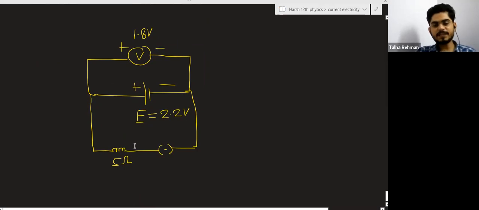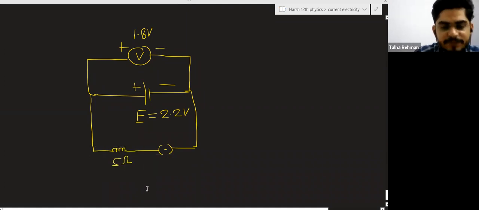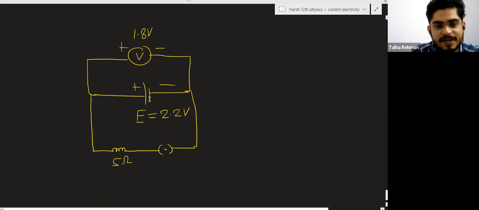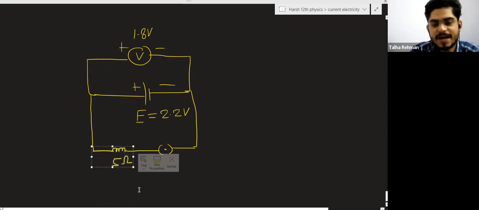And now this 1.8 volt is telling the potential difference across this 5 ohm resistance. Why is this telling the potential difference across the 5 ohm resistance? Because you have a cell, and you have connected it with the load, so the cell will be in the working condition, and there will be some drop of potential, and that potential drop will be measured by this voltmeter.